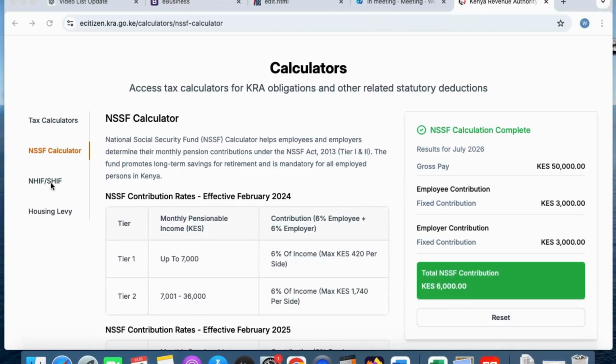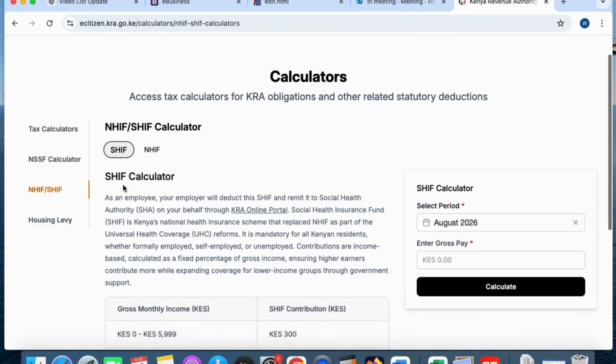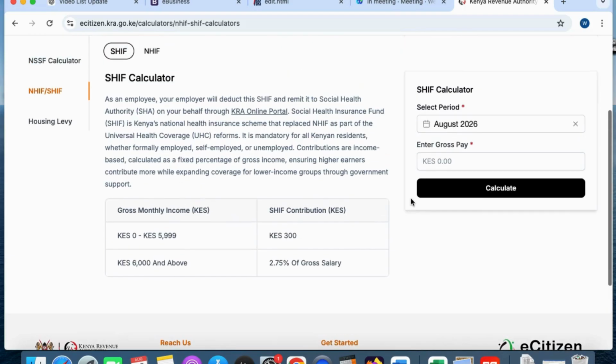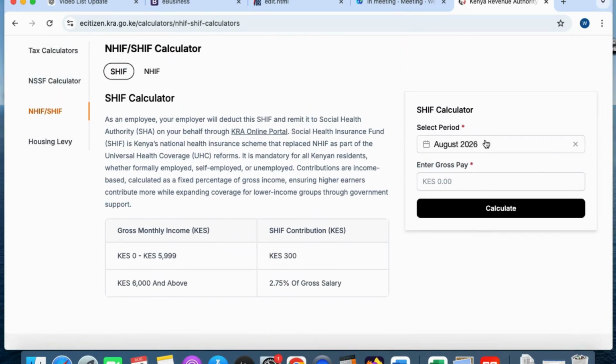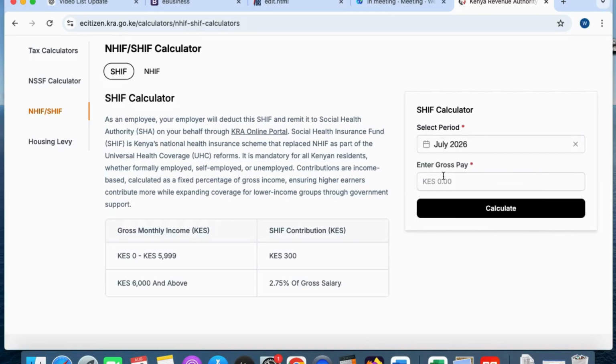Next, we have the SHIF calculator. First, you can select the month that you want to calculate for, and let's assume it's July like previously. Then enter your gross pay, for example 50,000, and click on calculate. You can also see that there are applicable SHIF rates here.